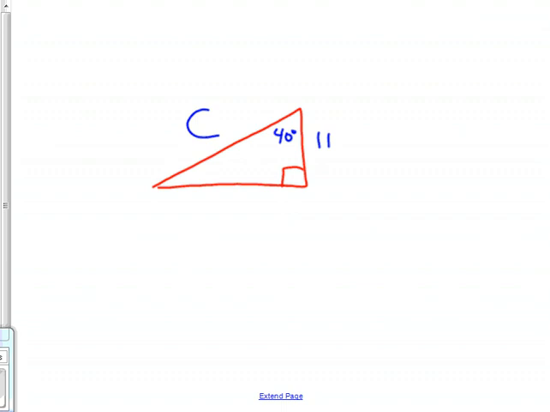And then if I wanted to make an equation for this, remember, it always starts with sine, cosine, or tangent of an angle equals a ratio, like opposite over hypotenuse for sine, or tangent would be opposite over adjacent. So you can pick anything you want. Do you want to use sine, cosine, or tangent of that 40? Okay. And why would you choose cosine?